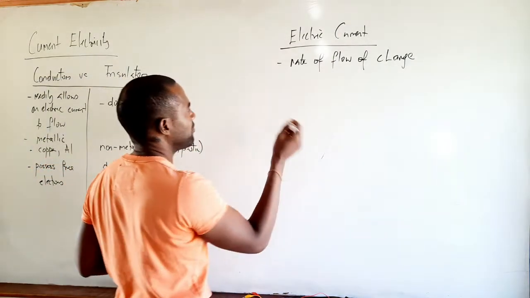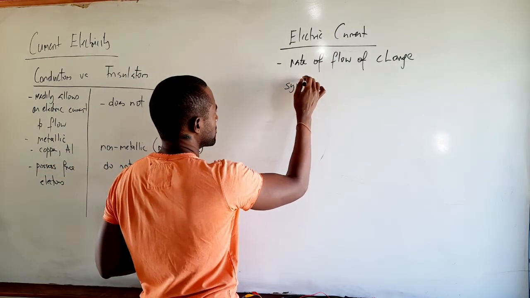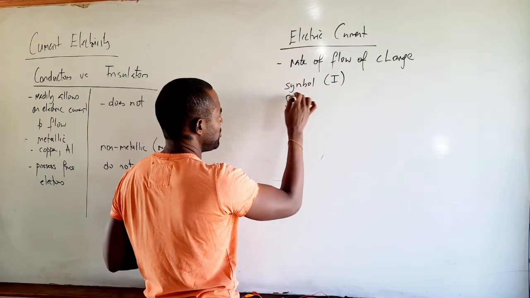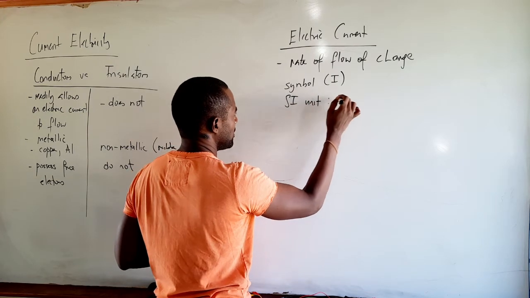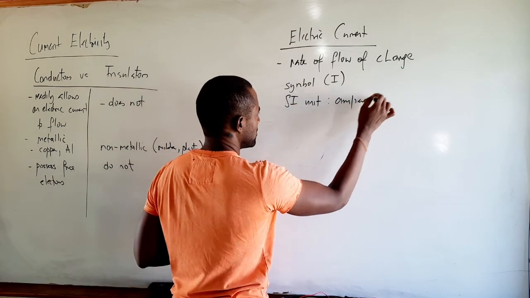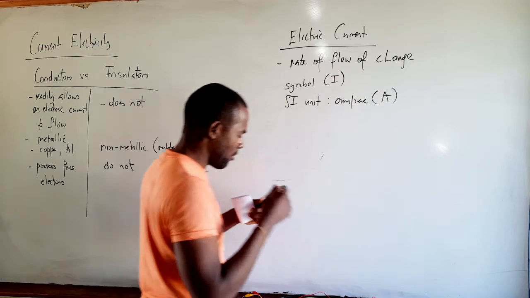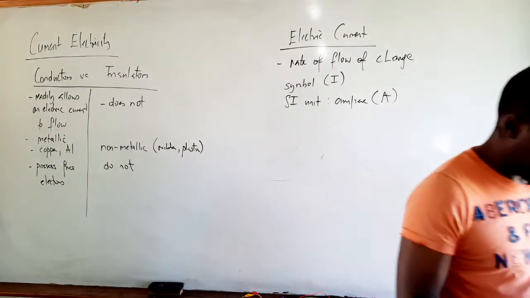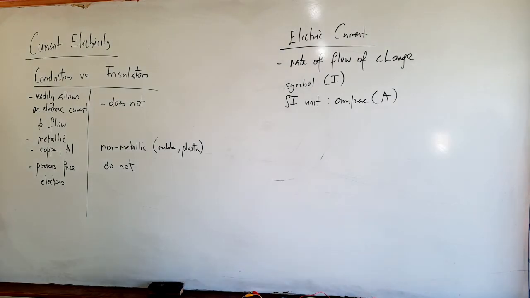The symbol for an electric current is an uppercase I, and the SI unit is the ampere. The symbol for the ampere is an uppercase A. So an electric current is a rate of flow of charge, and its symbol is the uppercase letter I.